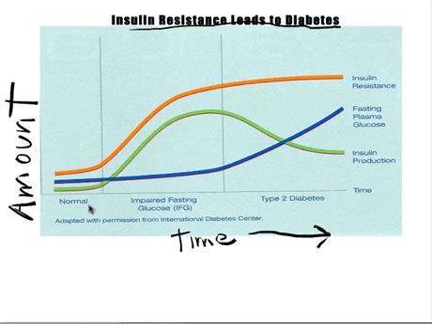So we're going to start here with normal and go through some definitions first. So insulin resistance is just the inability to use insulin well or effectively in your body. Insulin production, that's the insulin produced in your pancreas, so how much you produce.